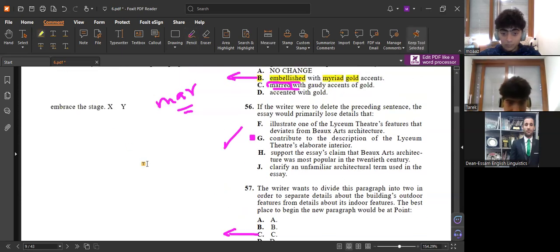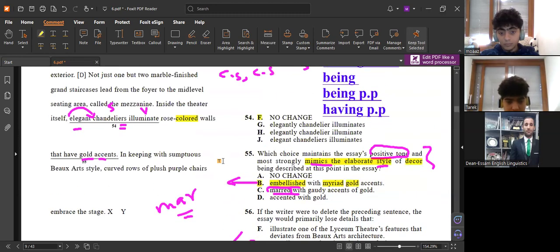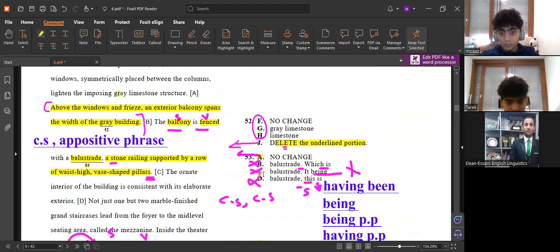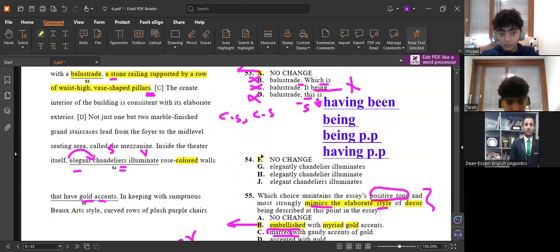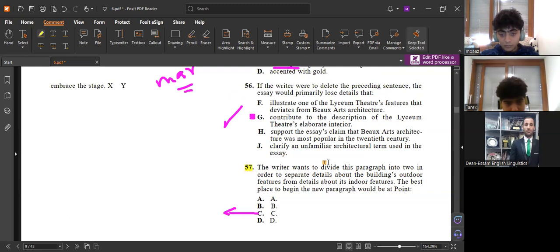This question tests you on the main point of two paragraphs. Remember, this is a high-score question because it takes time. How can I get the time? They give you easy questions here. That's why you should memorize all the common mistakes. Now we need to separate two paragraphs. Separate what? To separate details about the building's outdoor features, this is the first idea, from details about its indoor features.